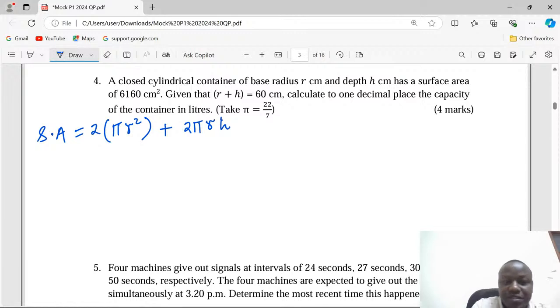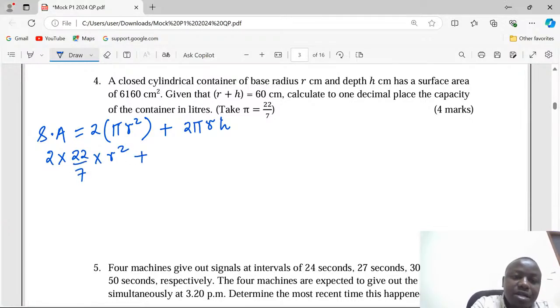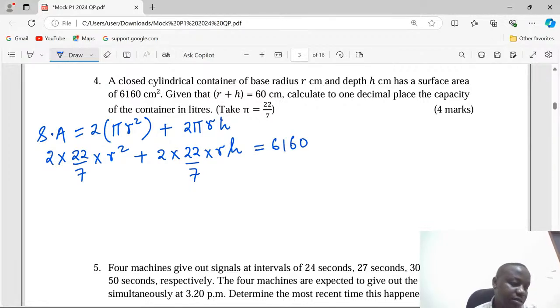Therefore, we can say 2 multiplied by 22 over 7 multiplied by r squared, plus 2 by 22 over 7 multiplied by r multiplied by h, is supposed to give us 6160.